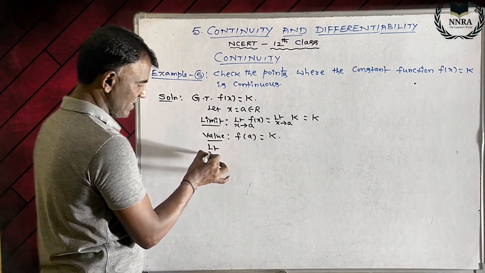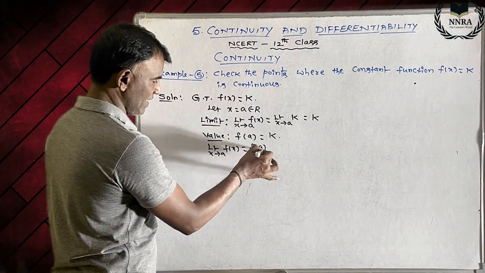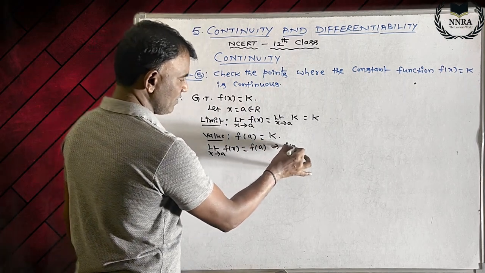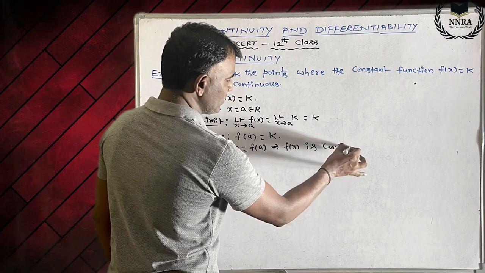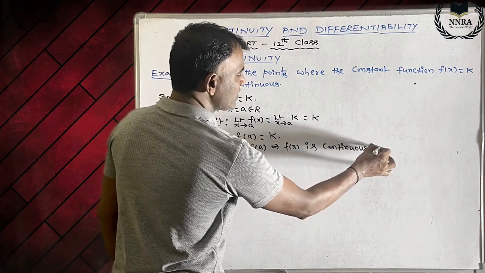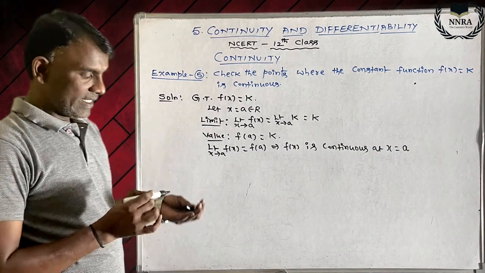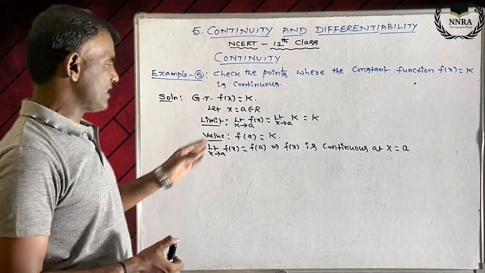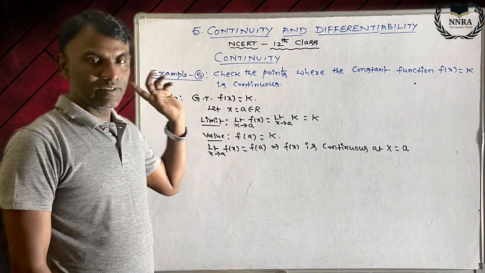So limit x tends to a of f(x) = f(a). That implies f(x) is continuous at which point? x = a. a is a real number. In some place you can substitute a = 0. In that case also we get k only, limit and value.